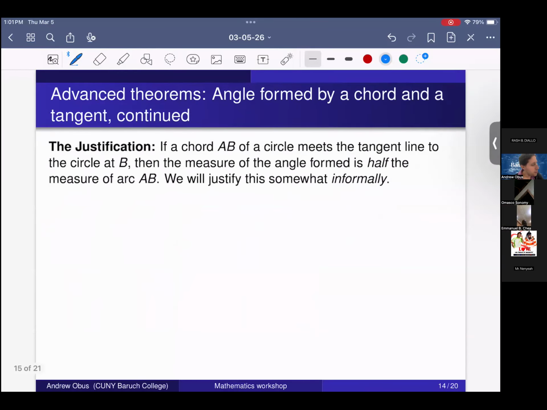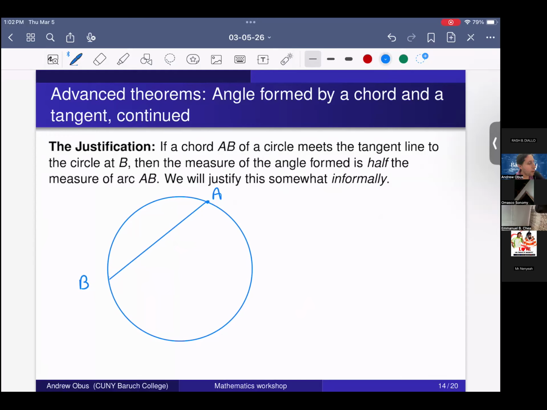So what's the justification? I'm going to draw the circle again, the same diagram. I'm going to draw my chord AB. So this is B, this is A. And now instead of drawing the tangent line right away, I'm going to draw a whole bunch of lines that ultimately become the tangent line.